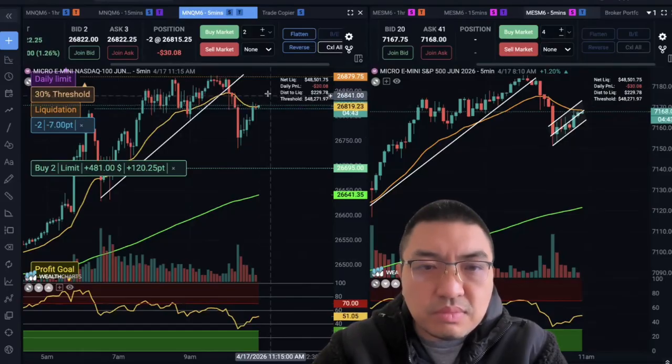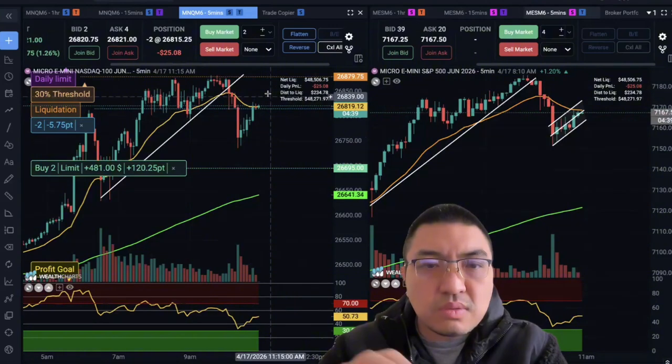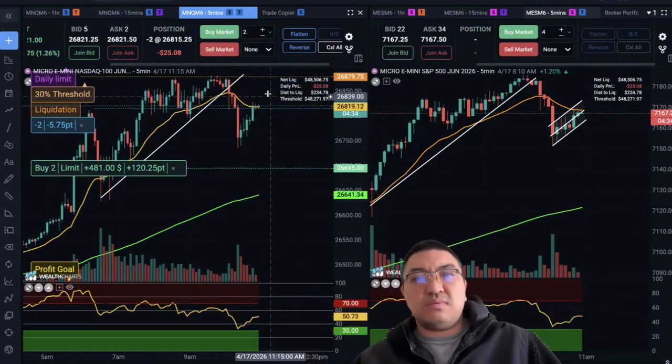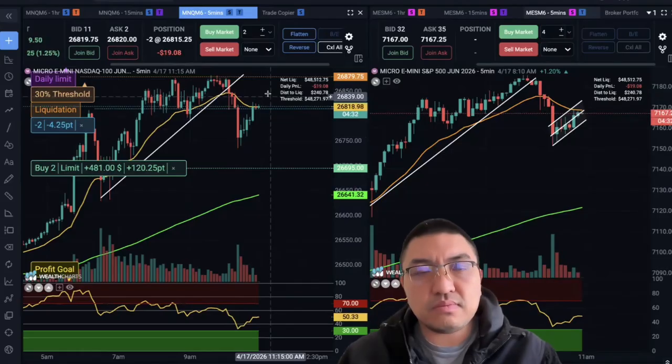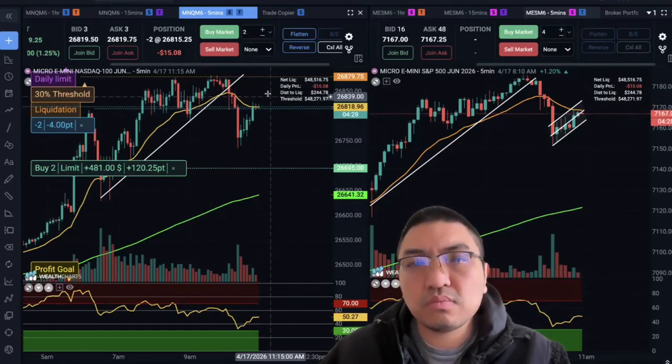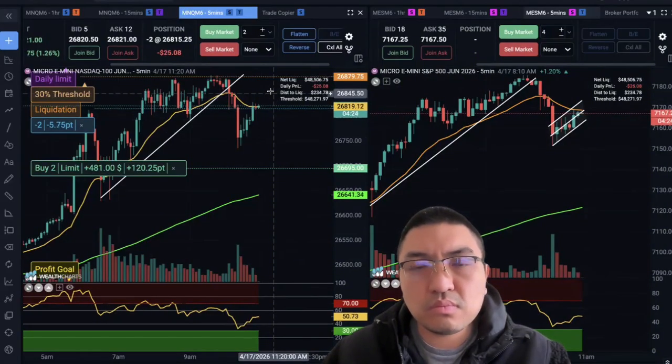I'll see if this is a stretch to the upside. If it's stretching to the upside, then I'll set my stop loss here. Okay, let me set the stop loss here.